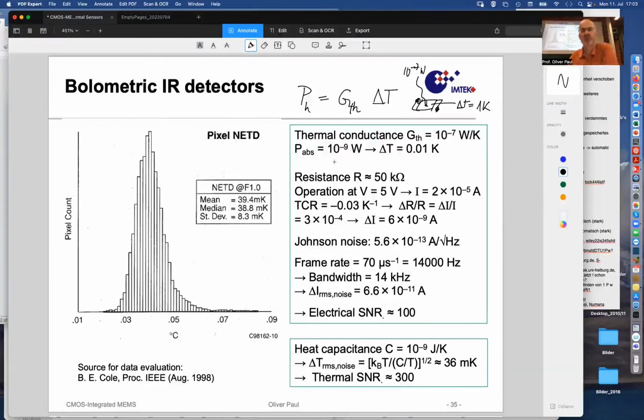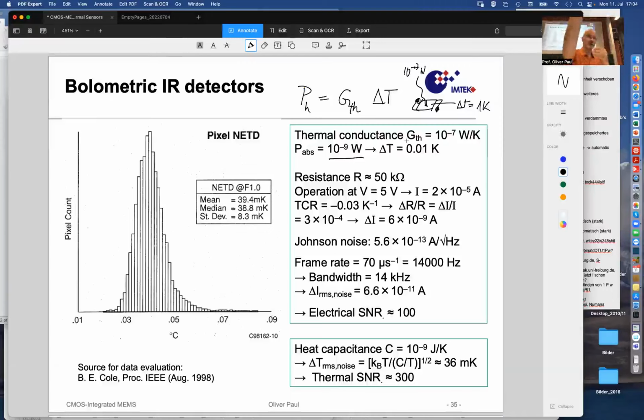And then you can estimate that each of those pixels receives something like 10 to the minus 9 watt. Now that's a very small estimate, assuming some heat source out there 10 meters away, and then this pixel receiving some fraction of space from that source over that distance.